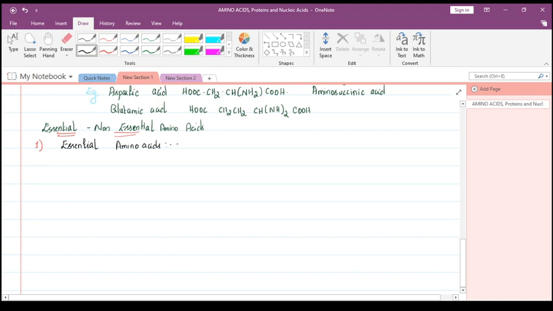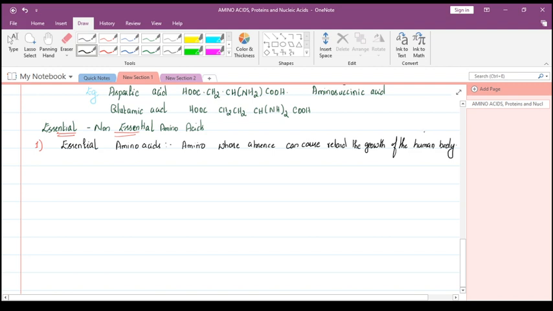So what are essential amino acids? The amino acids whose absence can retard the growth of the human body. Why are they called essential?